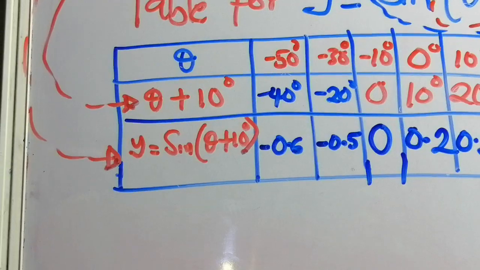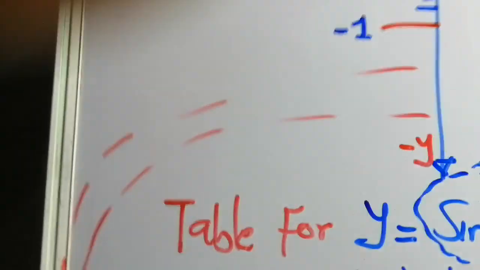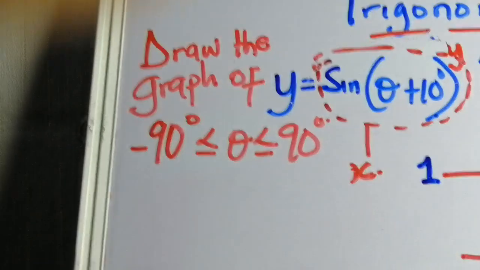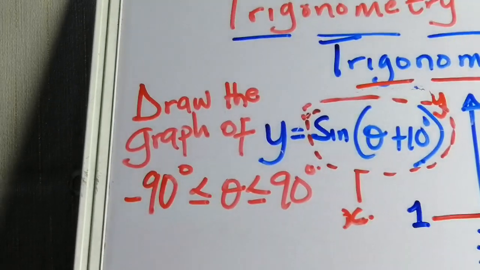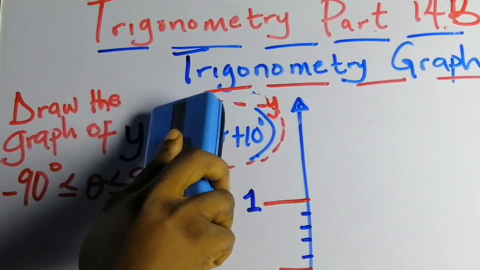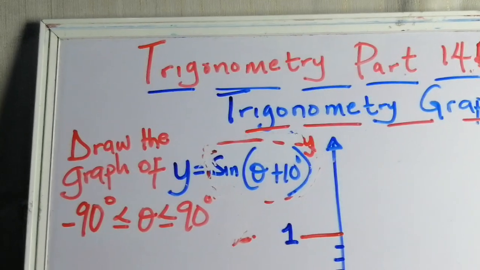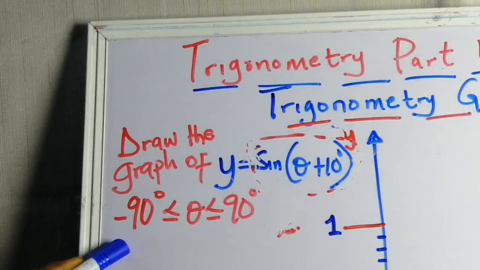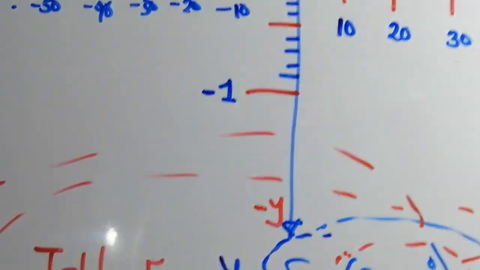You already know your values for theta, which is minus 90 degrees to 90 degrees. Let me correct this: this one is not the x-axis. Your x-axis is the range of theta that is given to you, which is 10, 20, 30, and things like that.